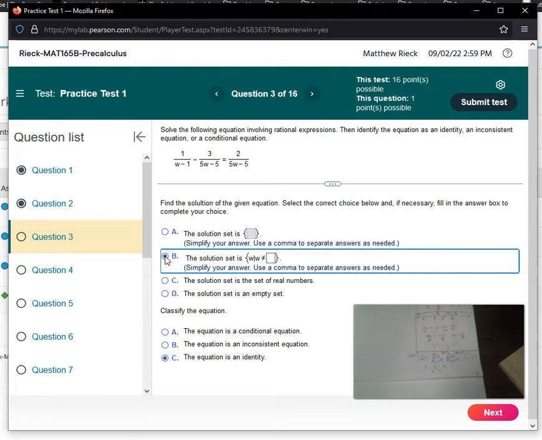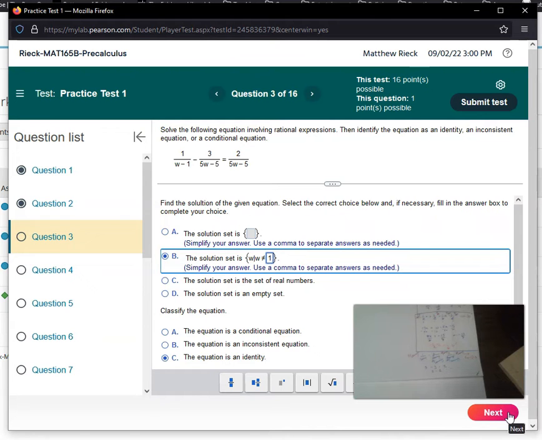So in order to get a 0 in my denominator, I need w minus 1 to equal 0, which means that w would have to equal 1. So that's going to be the value that we exclude from our domain. And that works with the other two fractions as well. So 5w minus 5 is only going to be 0 when w equals 1 as well.